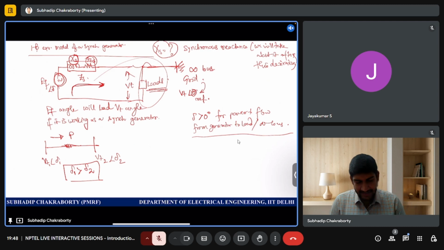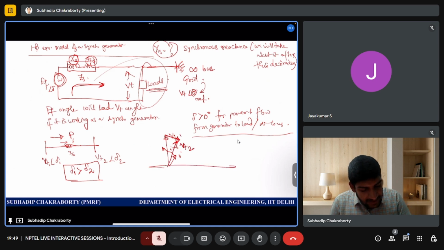Simple concept. I can tell you why it is so. Just see, if this is VT1 and this current will be I. So I is lagging in nature. So VT1 minus I times jXS, because there is an XS, and minus I jXS, so reverse. And that will go in forming VT2.